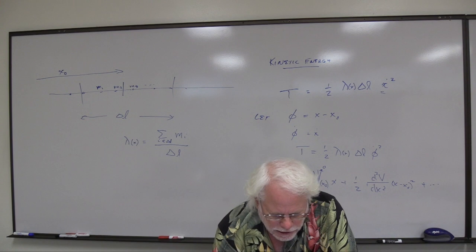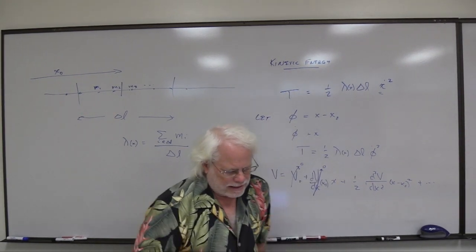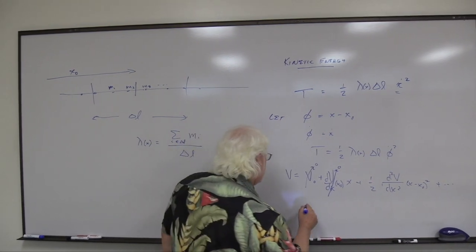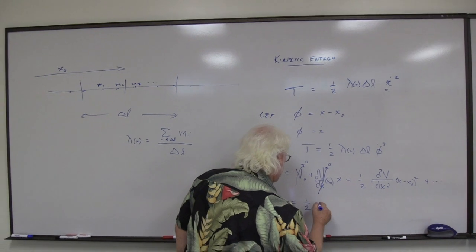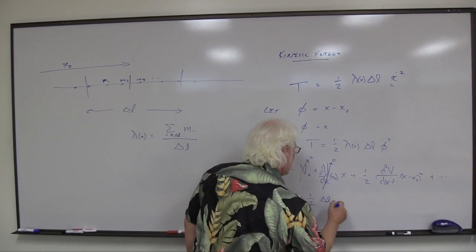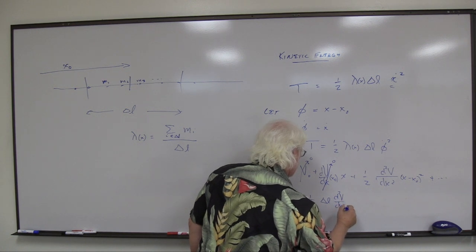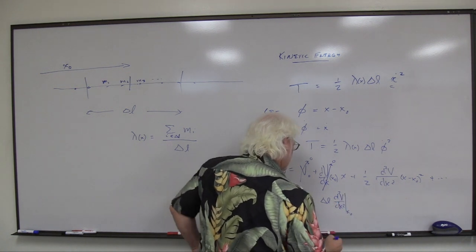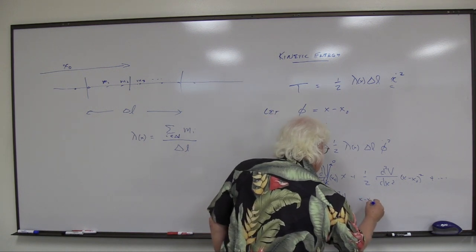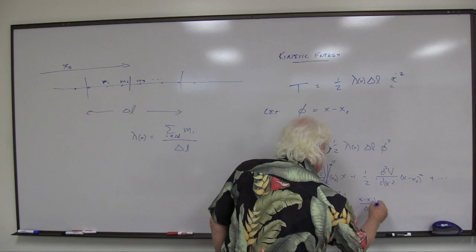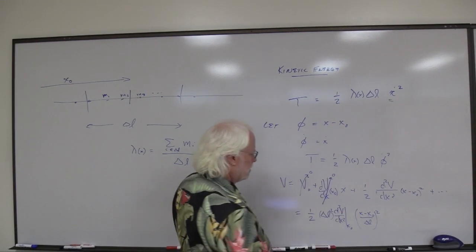Now, what I want to do, well, this is one way to go about this. I'm going to multiply by delta L here, and then we have the second derivative of V with respect to x at x naught, delta L squared, and then I'm going to divide x minus x naught over delta L, quantity squared. So this is just some constant.